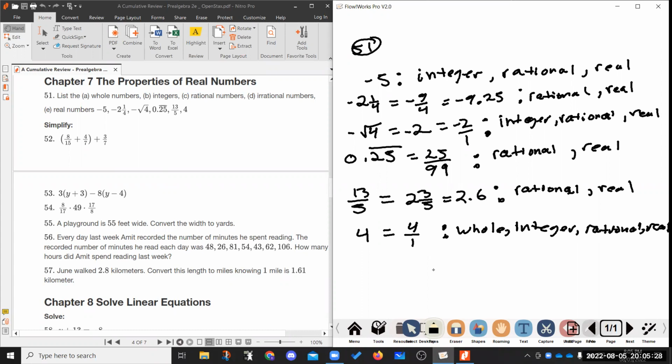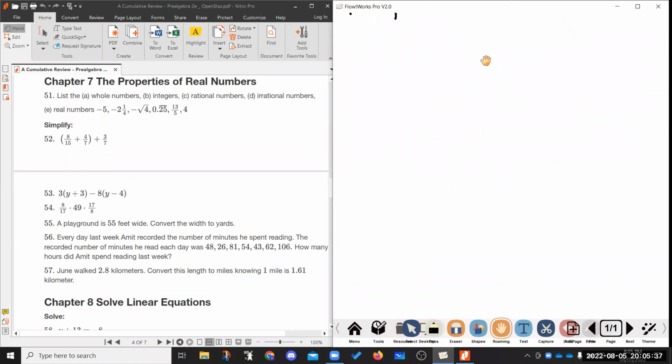Okay, so we had no irrational numbers in our list today. Examples of irrational numbers might be things like the square root of 2, the cube root of 5, pi, e, and so on. Those would all be examples of irrational numbers.